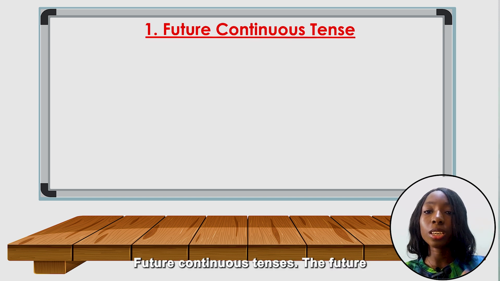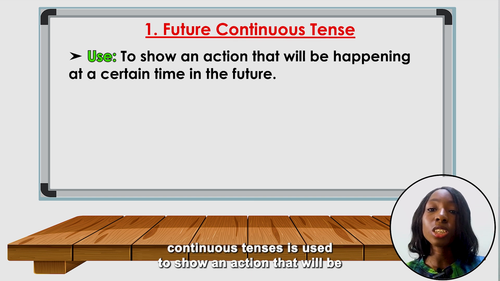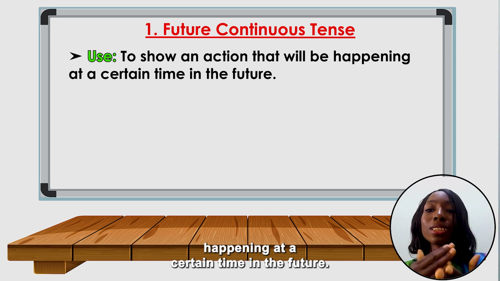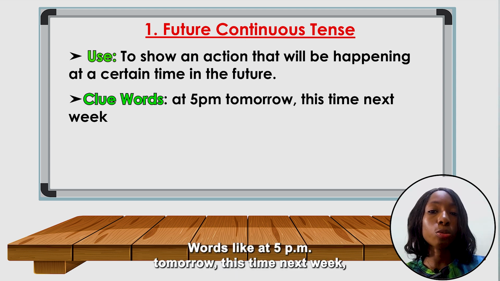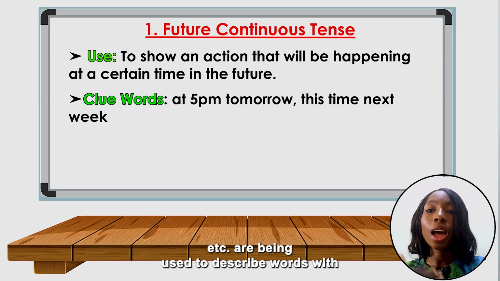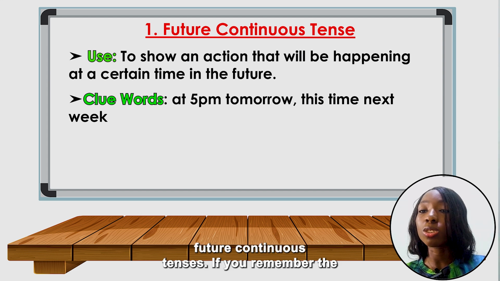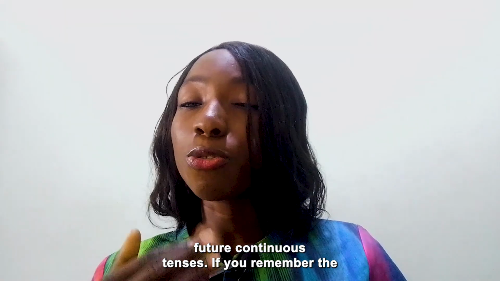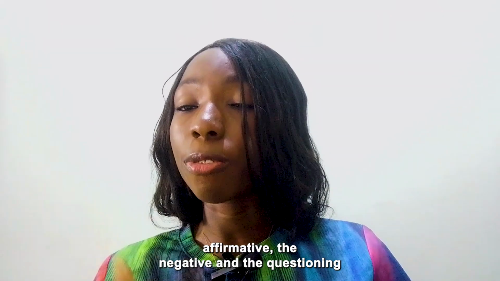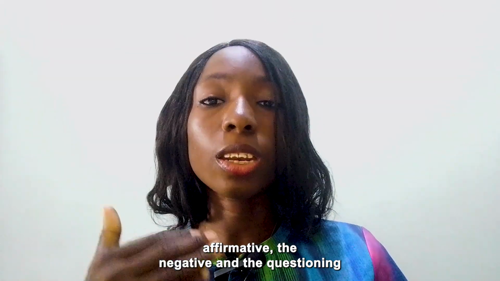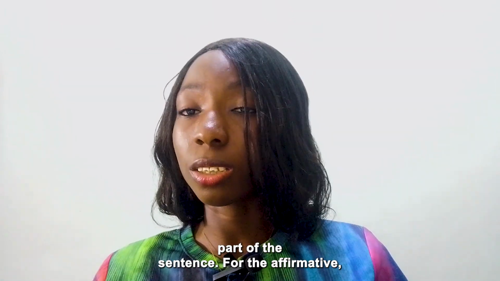Future continuous tense. The future continuous tense is used to show an action that will be happening at a certain time in the future. Words like at 5 p.m. tomorrow, this time next week, etc. are used to describe sentences in the future continuous tense. If you remember the structure of our previous video, we have the affirmative, the negative, and the questioning part of the sentence.